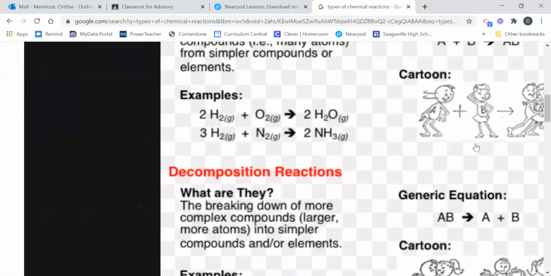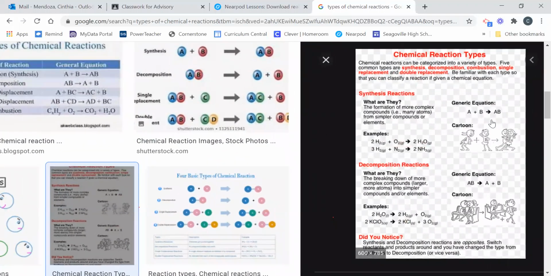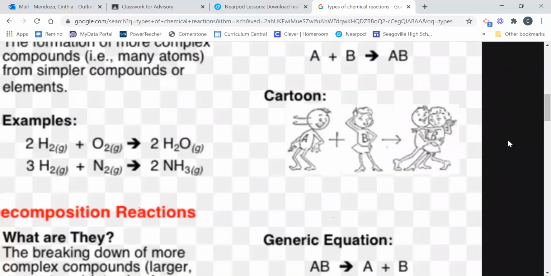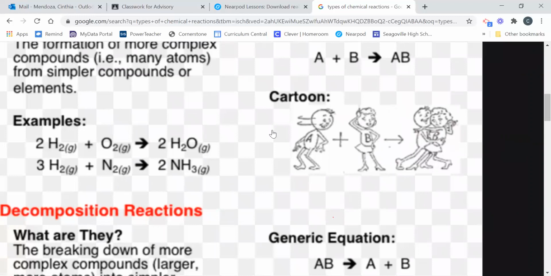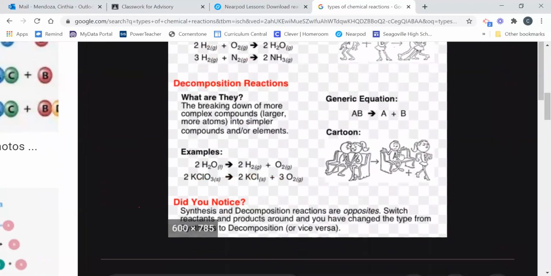In synthesis, they're using this cartoon to show that when you think about synthesis, you think about things being put together. And decomposition, when we talk about decomposition in biology, is when something's being broken down. So in this little cartoon, we have these two people loving on each other. So that's going to be our synthesis reaction. And then in decomposition, they broke up.